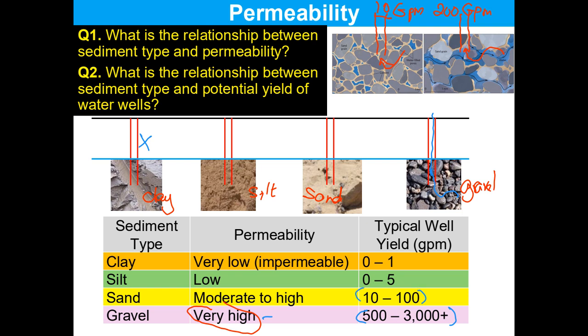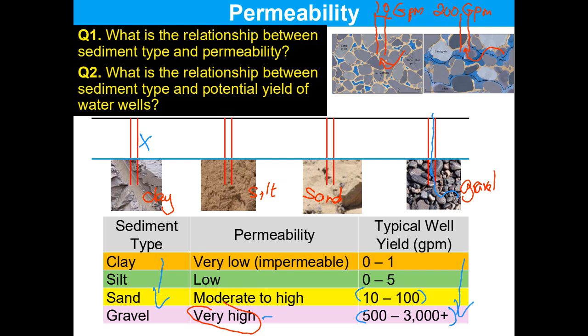So again, the relationship between the sediment type and potential yield of a water well, how much water you're going to pump per minute, or gallons per minute: as the size increases, the amount of water that you get, how many gallons per minute, increases also.